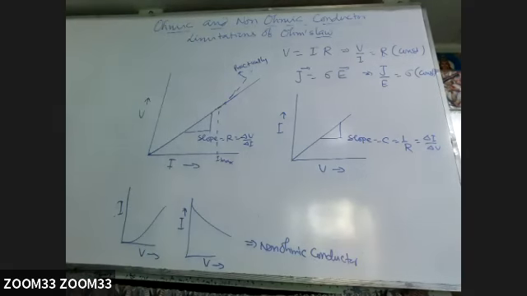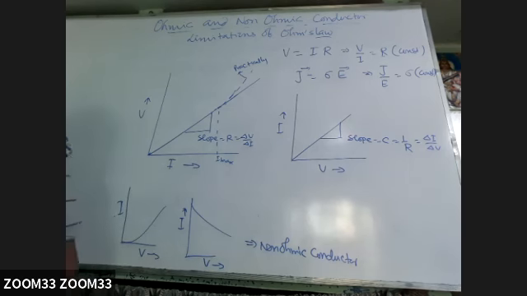So for a non-ohmic conductor, the V versus I graph or I versus V graph will not be a straight line. In case of an ohmic conductor also, Ohm's law is valid only for small current.